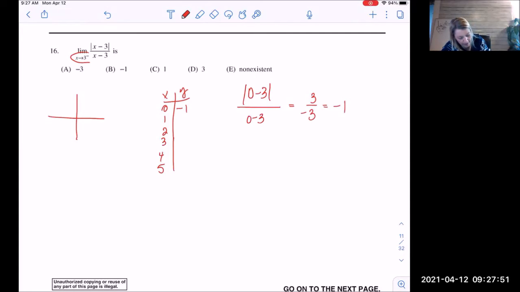When x is 1, you have the absolute value of 1 minus 3 over 1 minus 3, which is the absolute value of negative 2 over negative 2, which is negative 1.